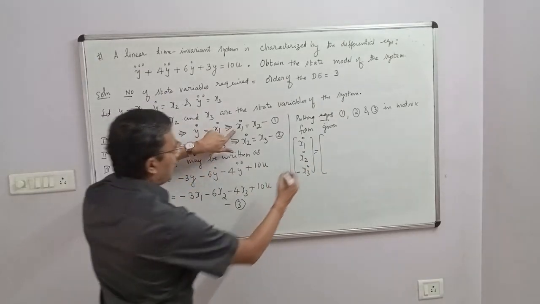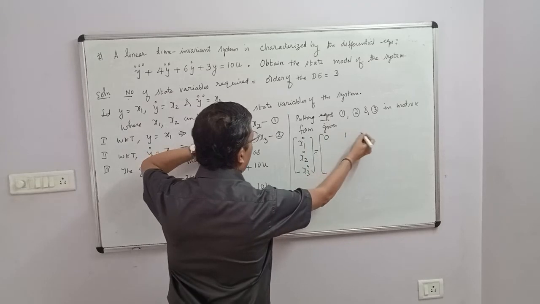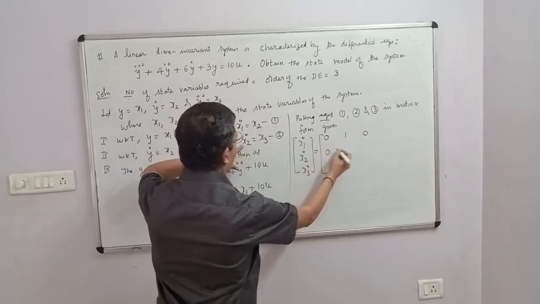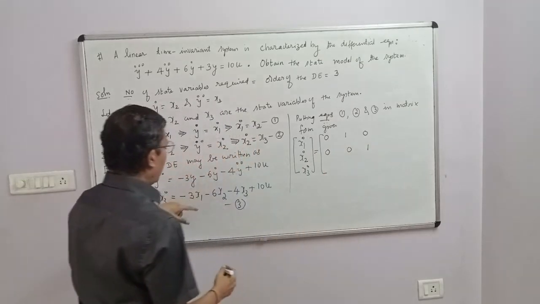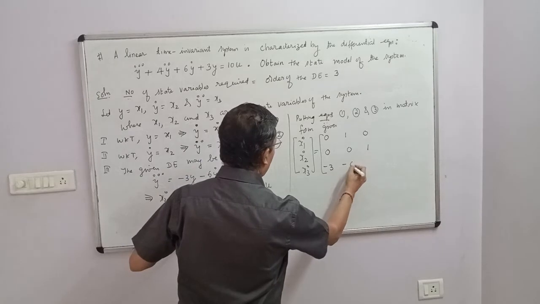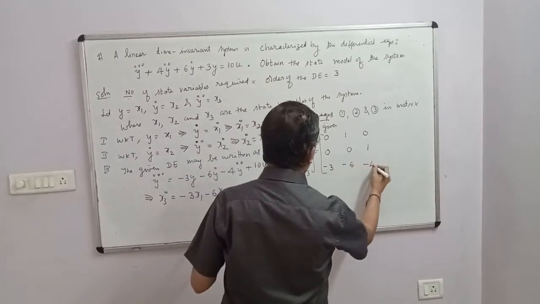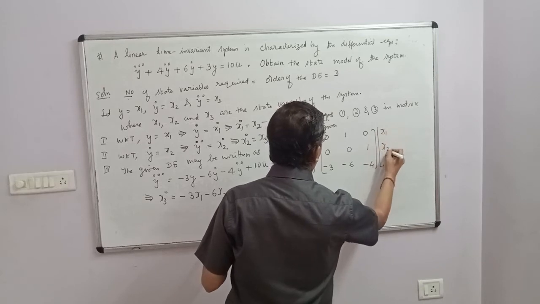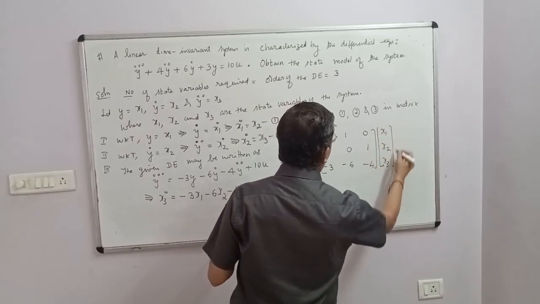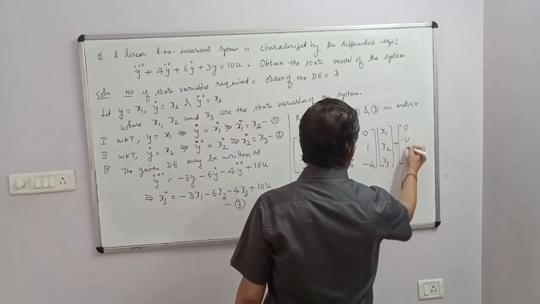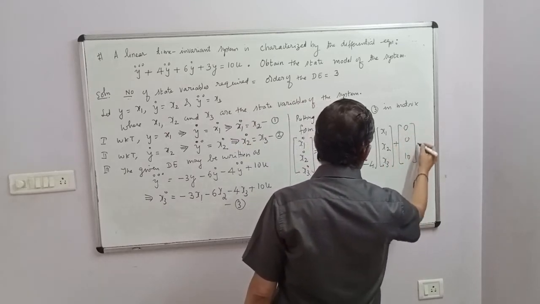From equation 1 we write the row 0, 1, 0. From equation 2 we fill in the row 0, 0, 1. From equation 3 we fill the last row, which is minus 3, minus 6, minus 4, multiplied by the column matrix x1, x2, x3, plus 0, 0, 10 into u.